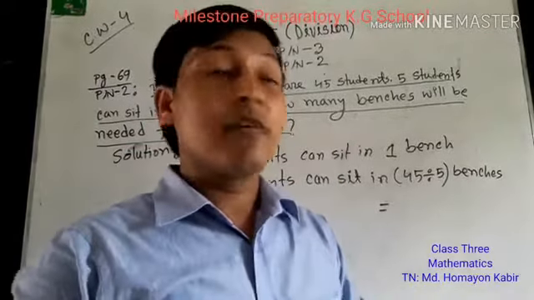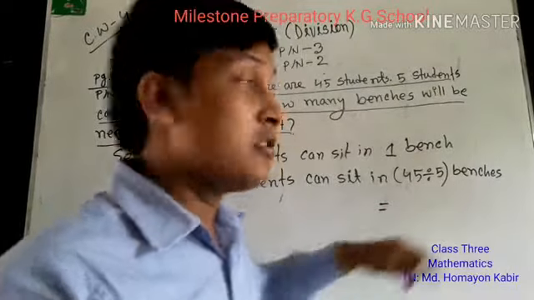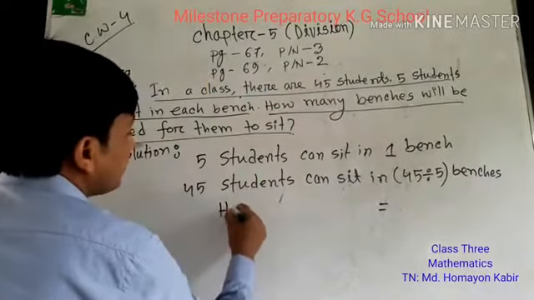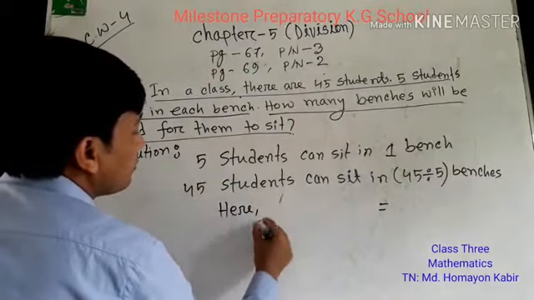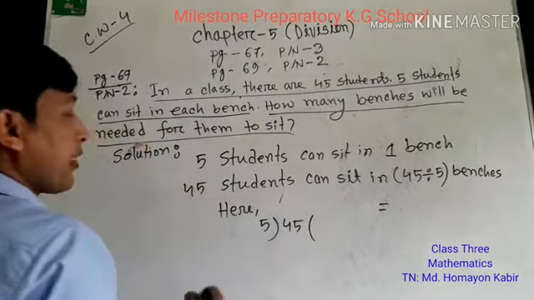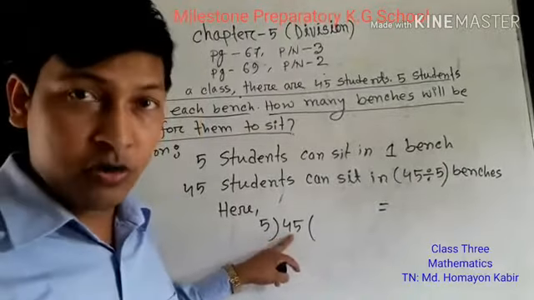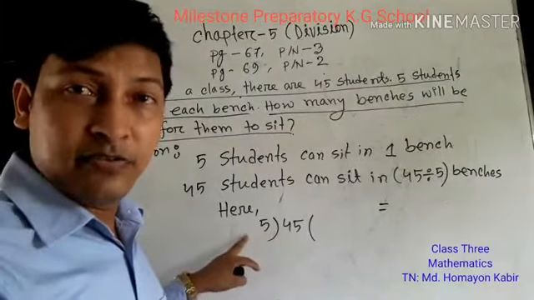Now we have to do rough work. Here 45 is dividend and 5 is divisor. So we can write here 5 into 45. Look here friends, first digit is what? 4. So 4 is smaller than 5.